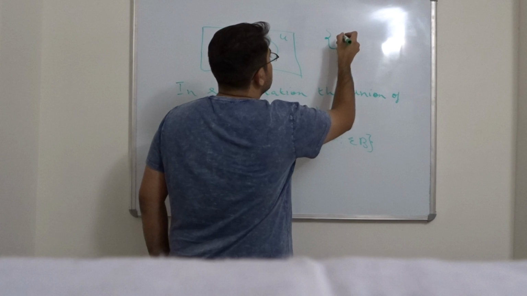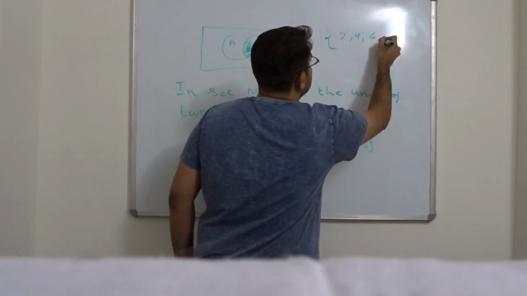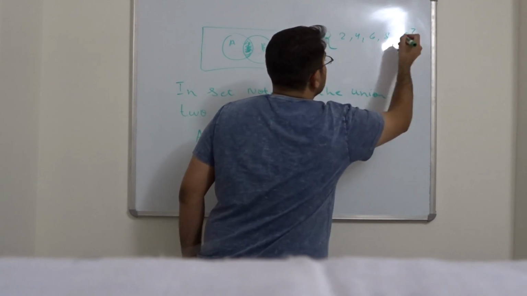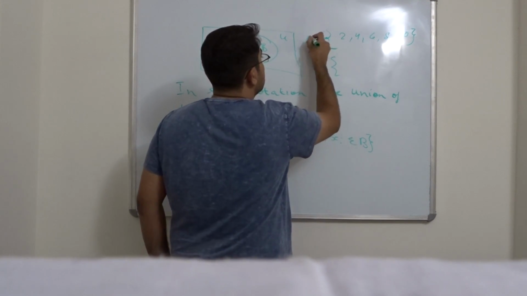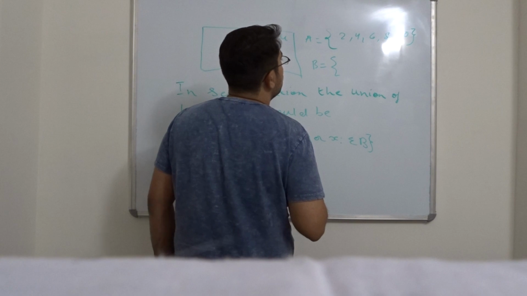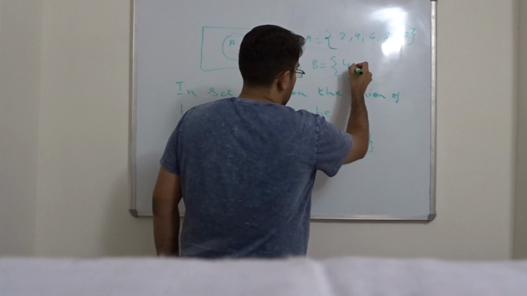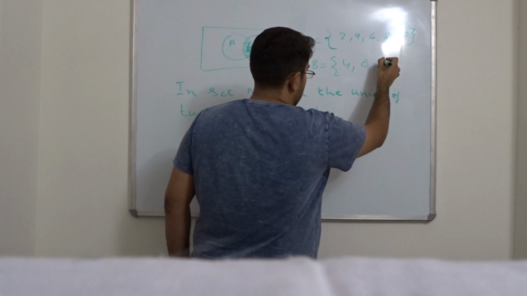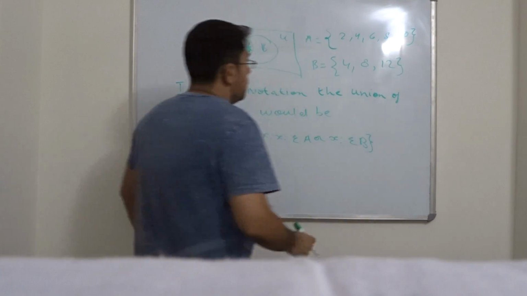Say you have 2, 4, 6, 8, 10. Say this is A, and B is maybe 4, 8, 12, for example.